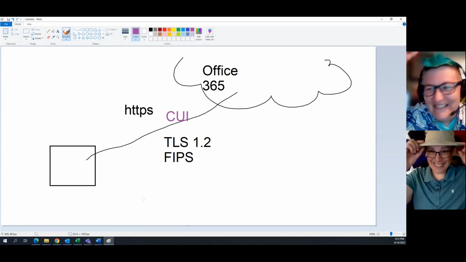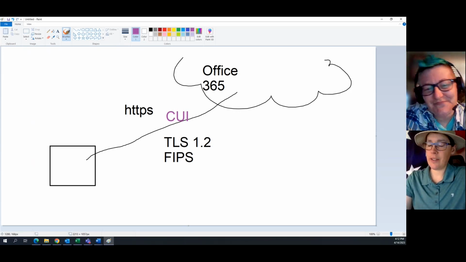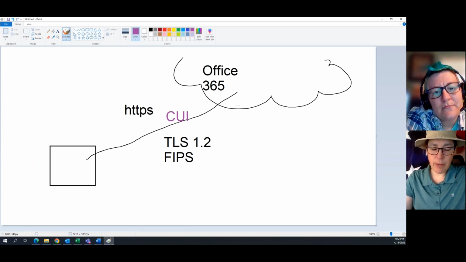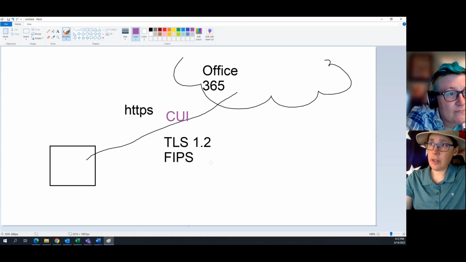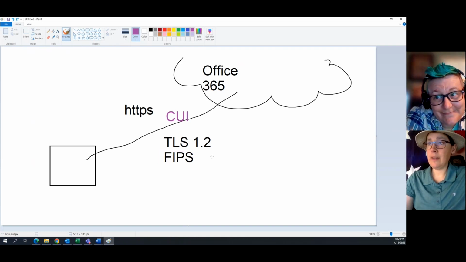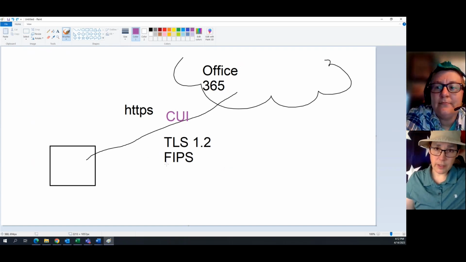Yes, actually, yep. The fact that Office 365 is FedRAMP Moderate at the absolute minimum, and quite often FedRAMP High, which also requires FIPS, means that this session between the computer and Office 365, assuming you're using the protocol that they say to use, is protected.